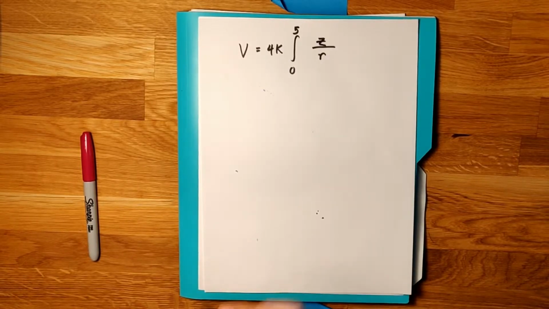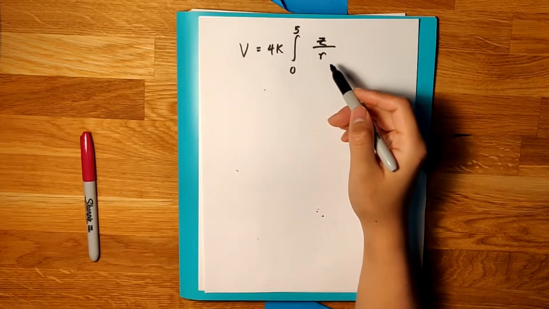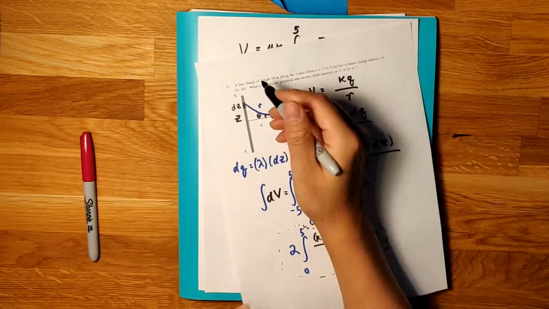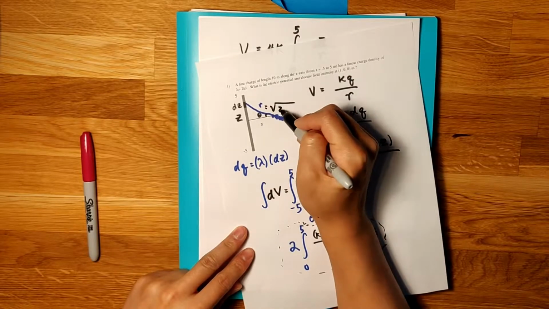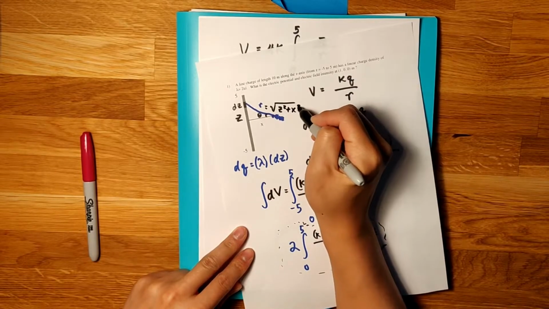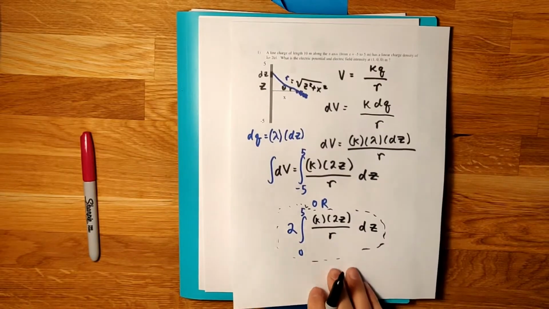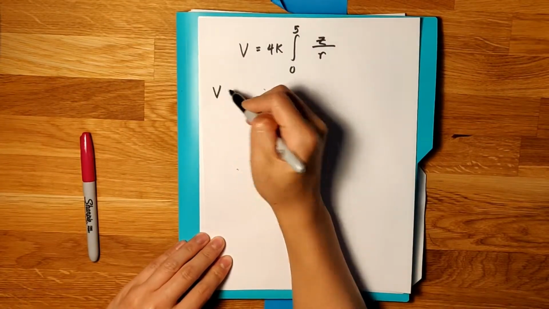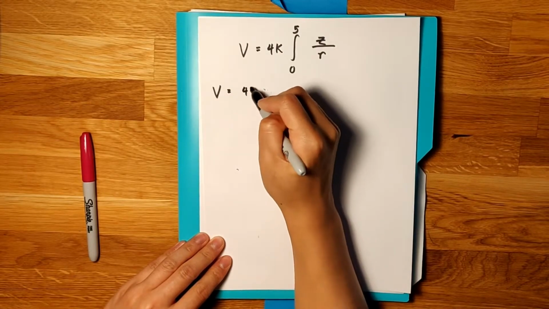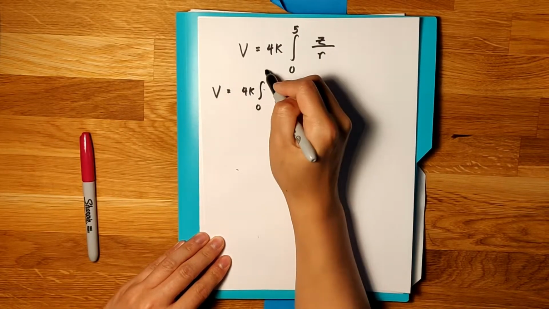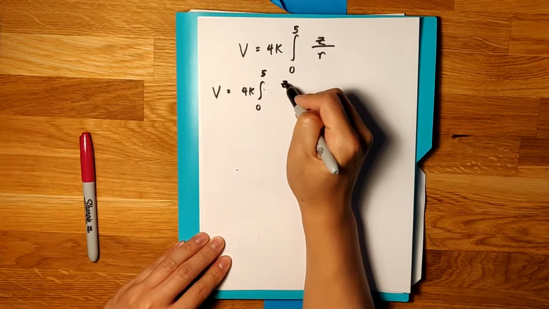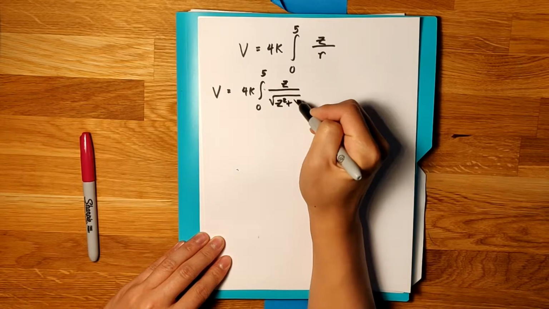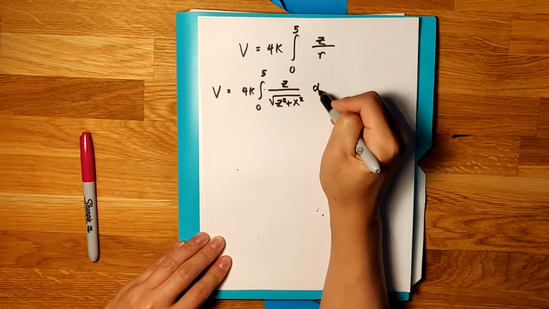So let's plug in our R, and relate it back to the triangle. Our R will simply just be the square root of z squared plus x squared. So V will be equal to 4K, from 0 to 5, of z over the square root of z squared plus x squared dz.